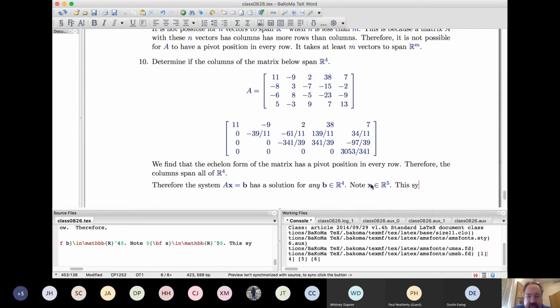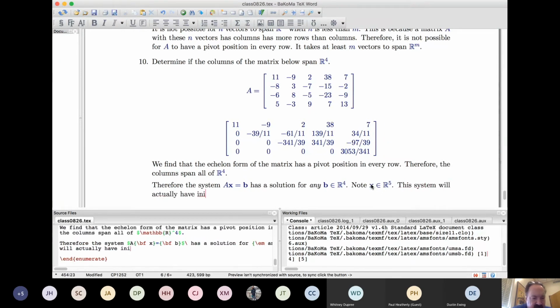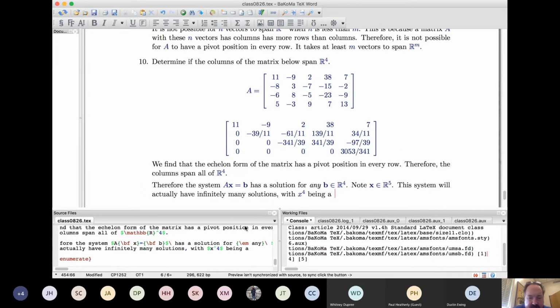So this system, AX = B, whatever B is, will have infinitely many solutions, with X4, that should be a subscript, X4, being a free variable. Why? Because this 4th column does not have a pivot position.